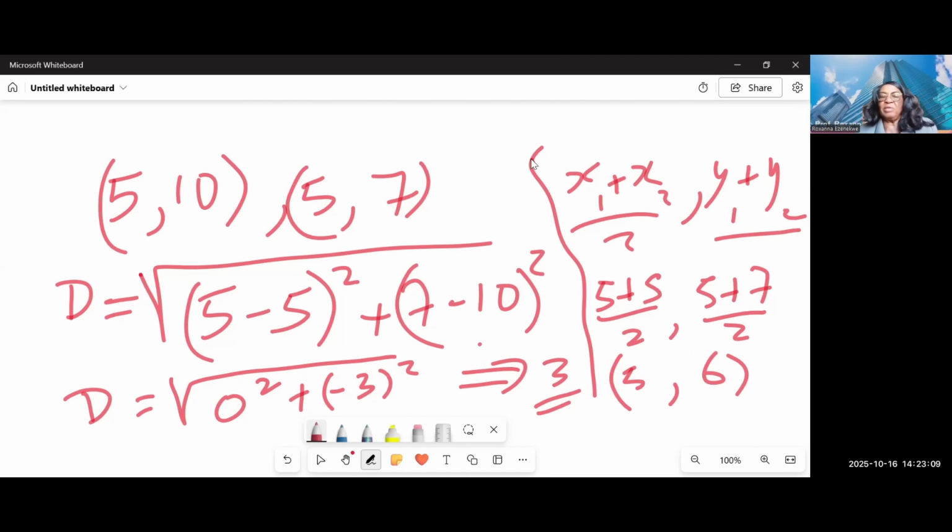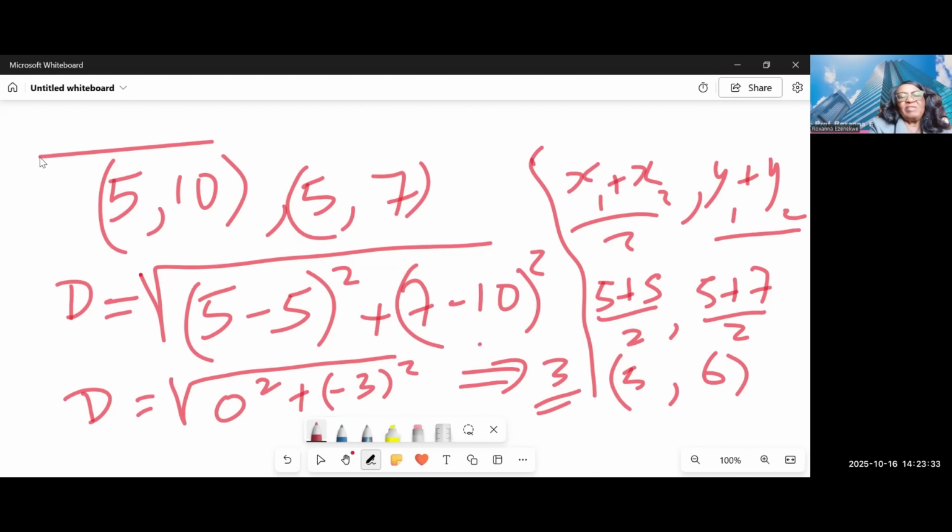Remember what we mean by midpoint. The midpoint is the point that bisects the line. You can say perpendicular, but it divides the line into 2 equal parts. So that is the midpoint.